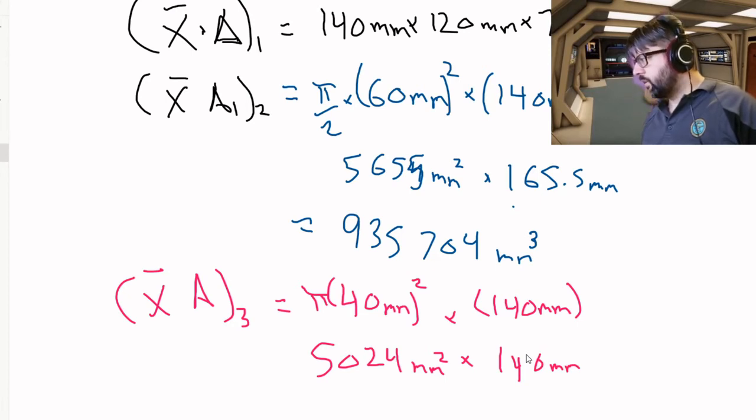That gives us 703,360 millimeters cubed.